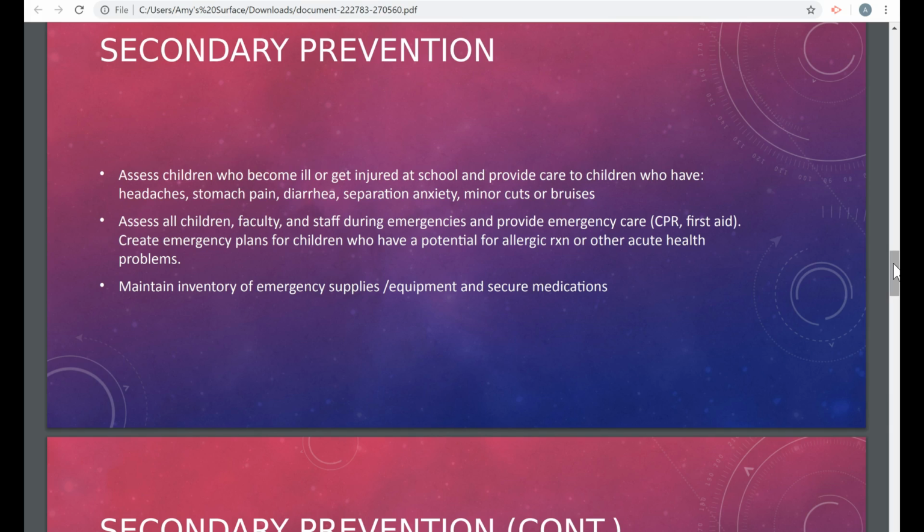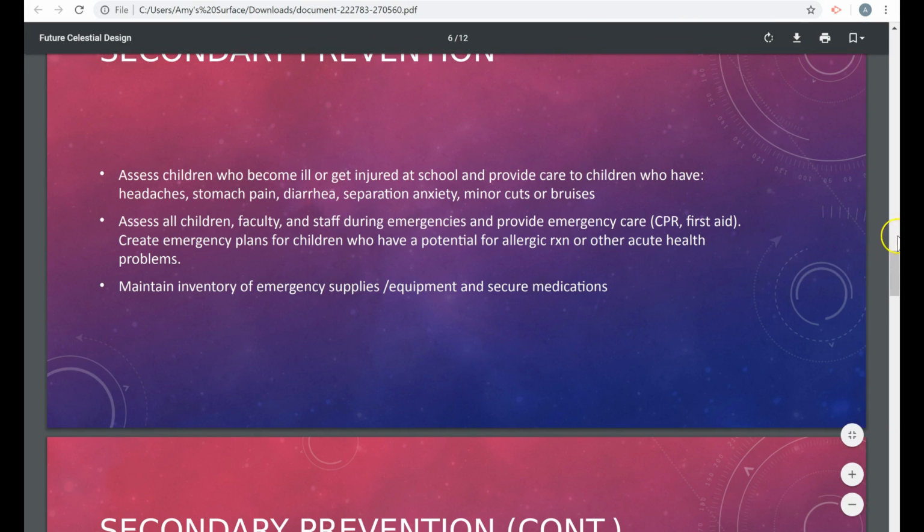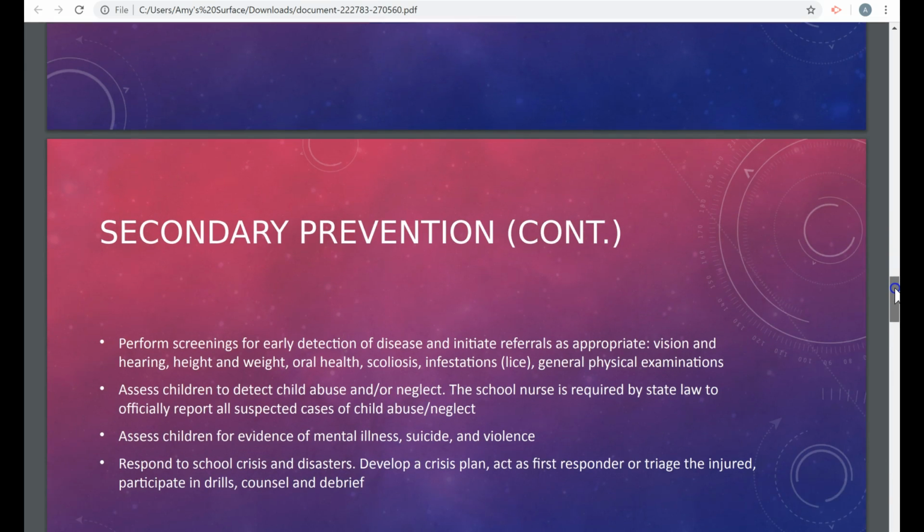So fevers and all of those things, an emergency like anaphylaxis would be something that they would need to be able to evaluate as well. So yes, they do need to be able to perform CPR, first aid, all of those things. Great. Superb.